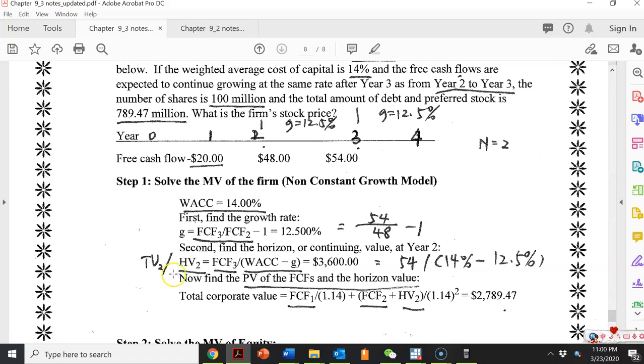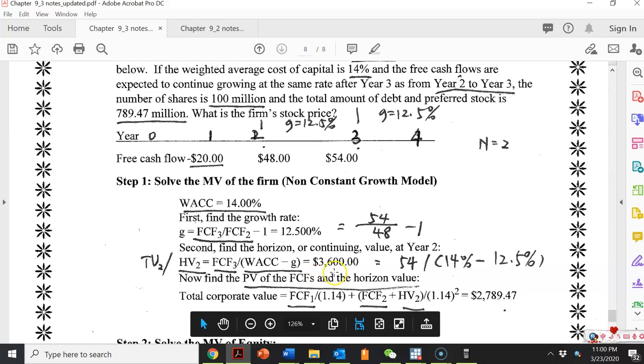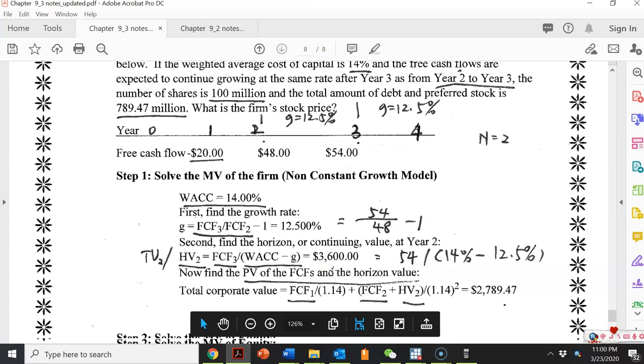So HV2, the firm value at year 2, becomes free cash flow 3 over WACC minus G. So it's 54 over 14% given WACC minus G2, 12.5% we just calculated. So we have horizon value 2 as 3,600.